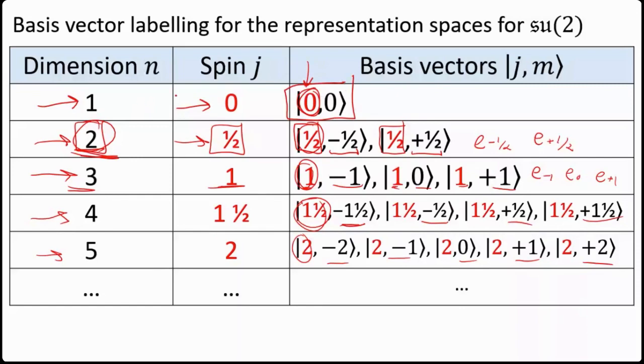The first number is the spin number for that representation, related to the dimension by 2j + 1. And the second one is just the basis vector label, which goes from -j all the way to +j, though it doesn't necessarily include 0.